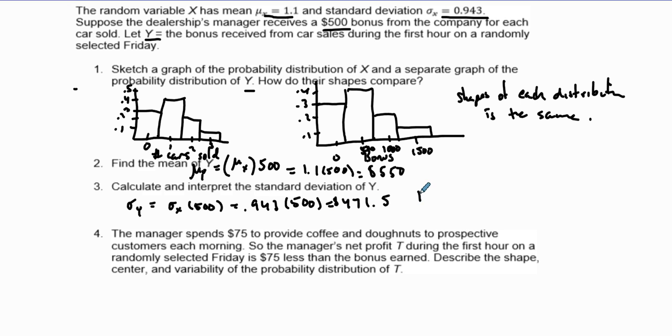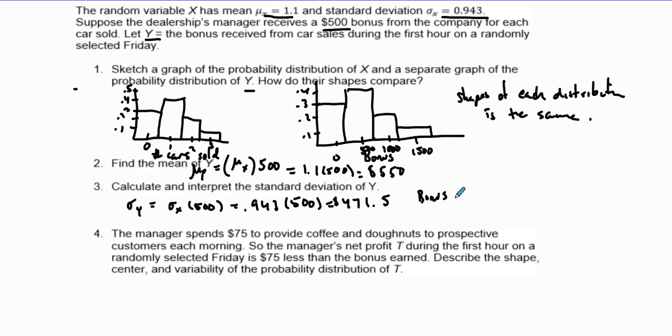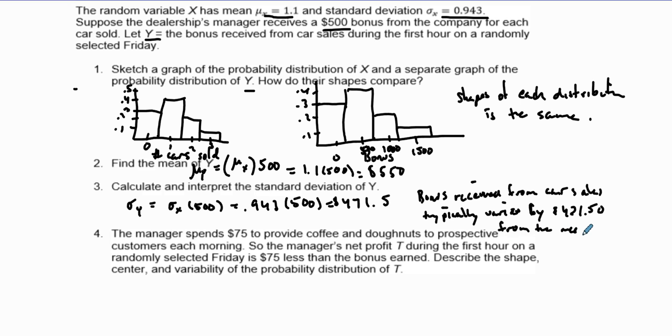Well, we know that the bonus received from car sales typically varies by $471.50 from the mean bonus, the mean bonus, which we know is $550.